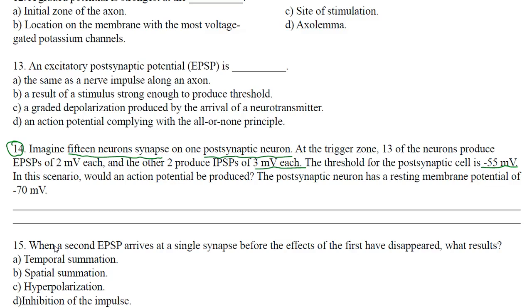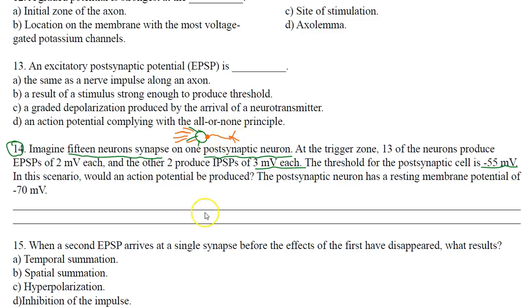15 neurons synapse on one postsynaptic neuron. So I have my little postsynaptic neuron here, and 15 neurons, or those terminals, are going to synapse on one postsynaptic neuron. So yes, we definitely are talking about spatial summation. It says at the trigger zone, so let's write that trigger zone here.